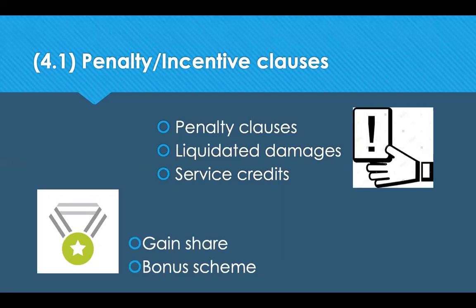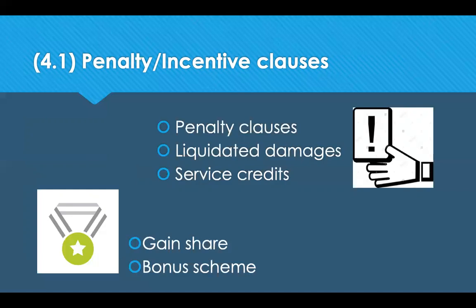As I said, this seeks to ensure that the innocent party is given compensation by calculating a genuine pre-estimate of loss. And service credits are a deduction from the bill due to loss of service. There are tax implications to these, so you do need to be careful. So the opposite to a penalty clause is an incentive clause.